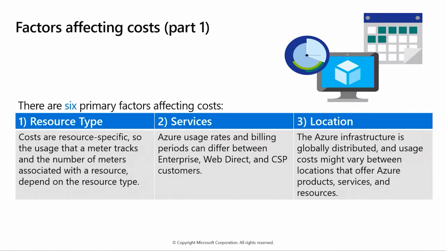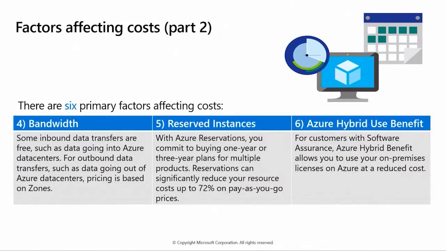Now, when we talk about resource type, services, and locations, those have a definite direct impact on your spend or on your cost. But we also need to take a look at bandwidth. Depending on how your data transfers are going, there is actually something that we call billing by zones, and different regions and geographies are organized into zones.